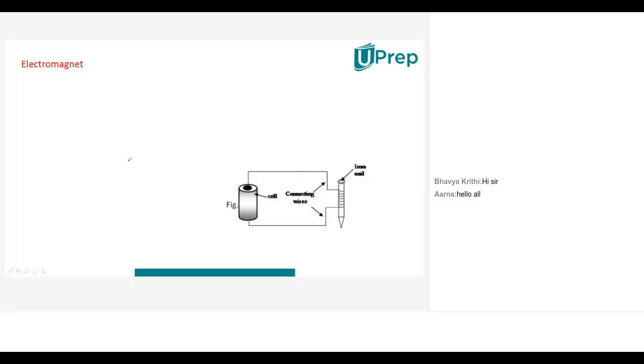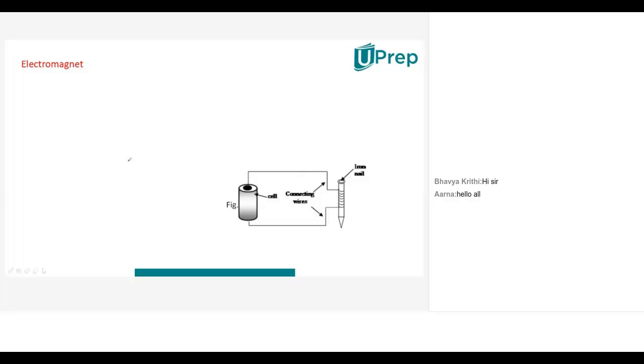Becomes an electromagnet. Unmana, tell me. So current flows through it. What will the iron nail behave as?